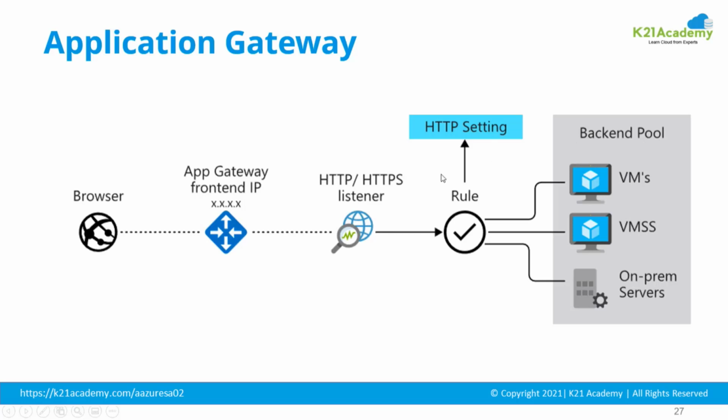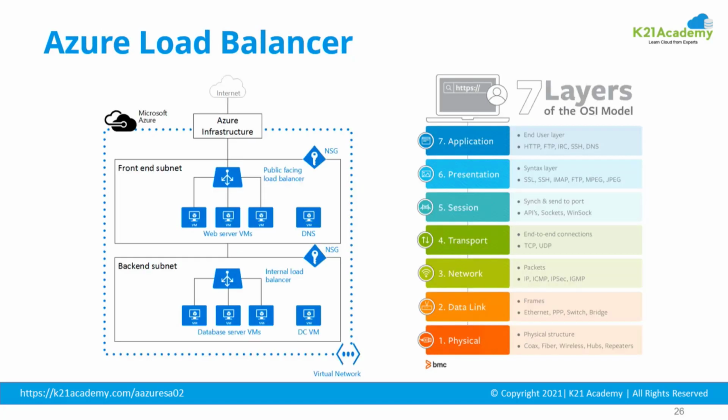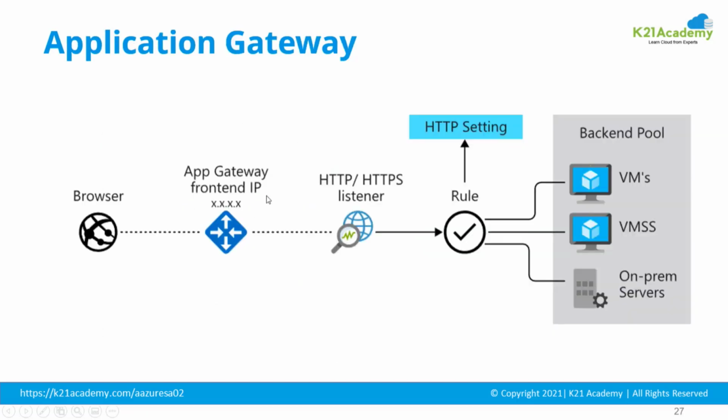Now, there might be some HTTP rules that you can set on this application gateway. The one difference between load balancer and application gateway is that the load balancer can listen for both layer 4, which is the TCP/IP level, and HTTP/HTTPS level, whereas application gateway is specific to the HTTP/HTTPS level.